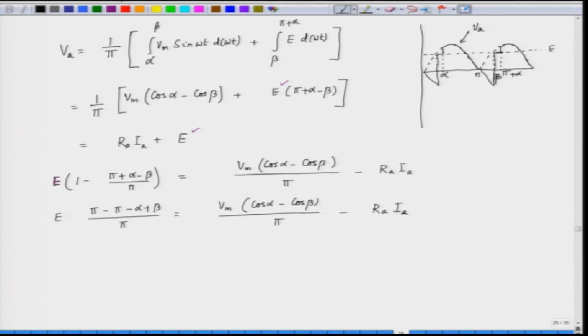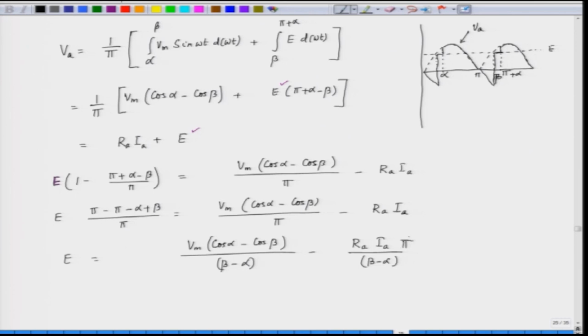Or we can say that E is equal to Vm into cos alpha minus cos beta divided by beta minus alpha, minus RA IA pi by beta minus alpha.